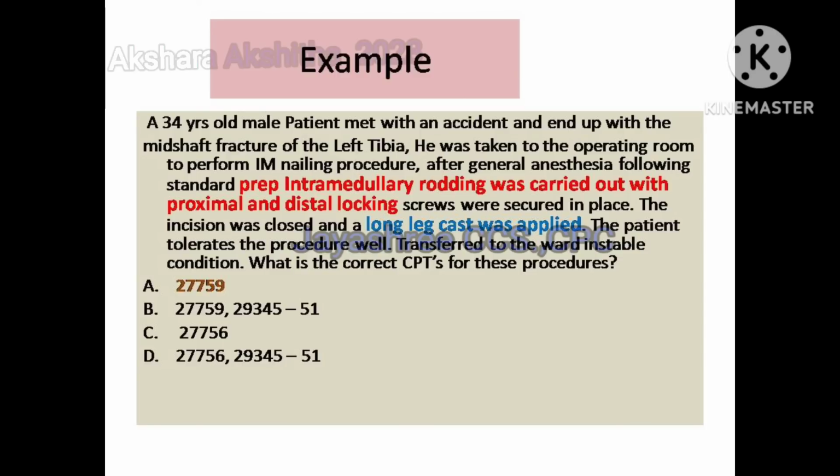It is the same anatomical area, and the main procedure as well as the cast are applied, so the cast is included in the main procedure and we should not code it separately. The final code is 27759. Like this, as per the coding tips, we have to check the operative report for what the doctor is performing.